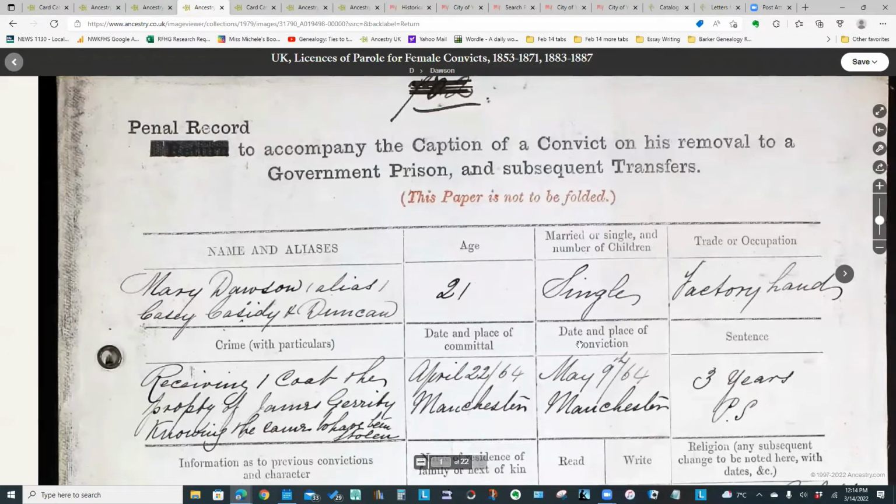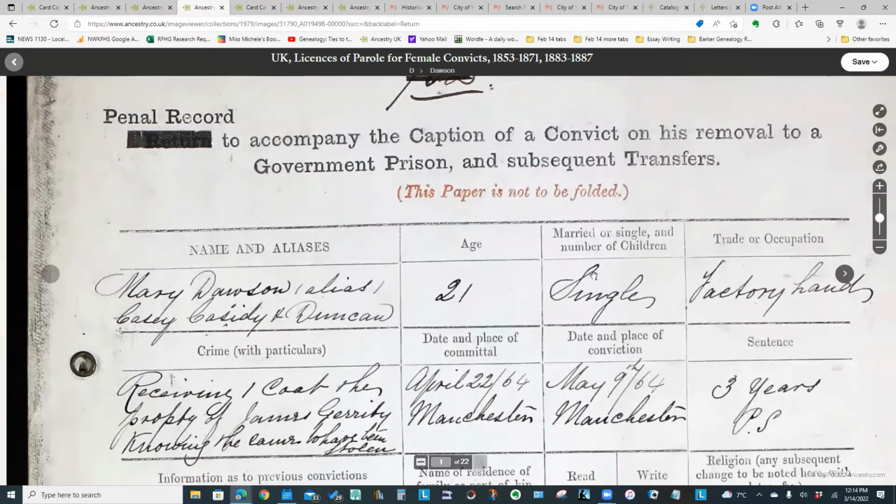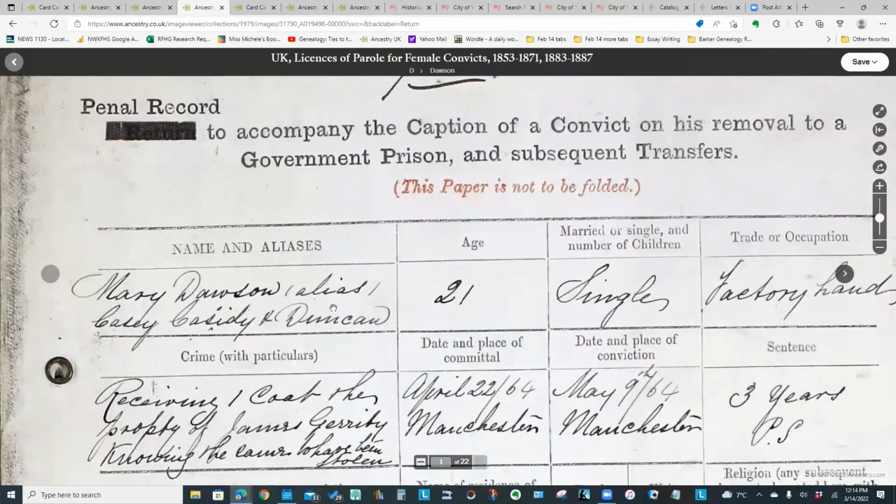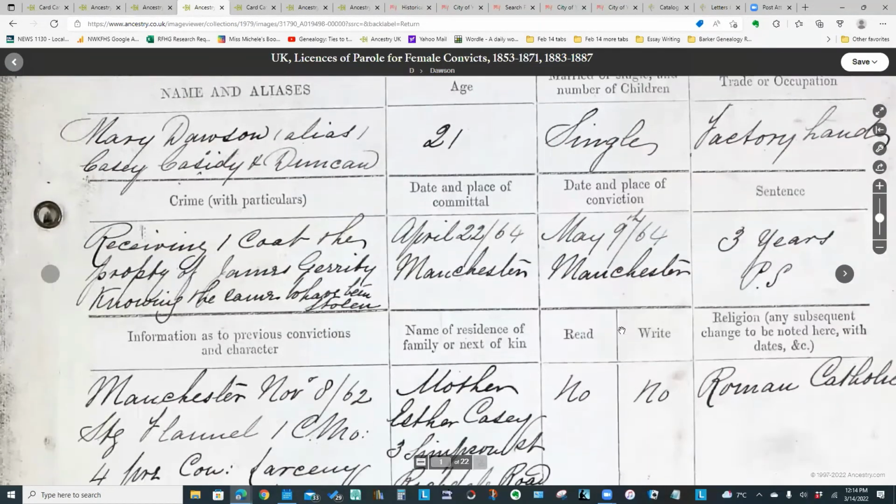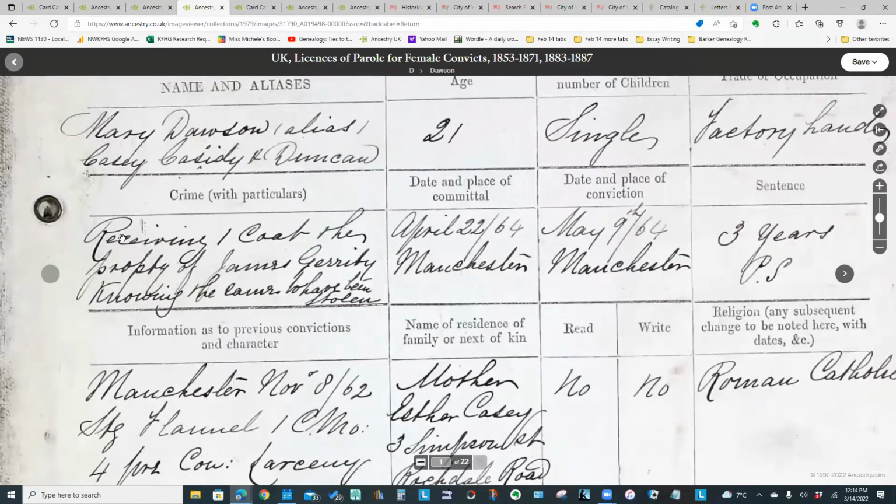And the kind of information you get in these documents is quite fantastic. So here we have Mary Dawson. We find her age. We say what her trade was. We find out what her crime was that she was convicted for. We find where that occurred and the dates.